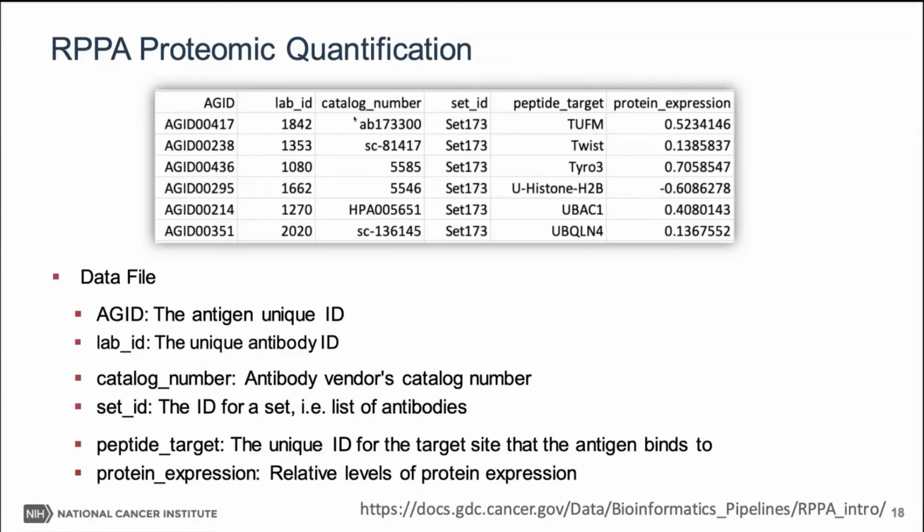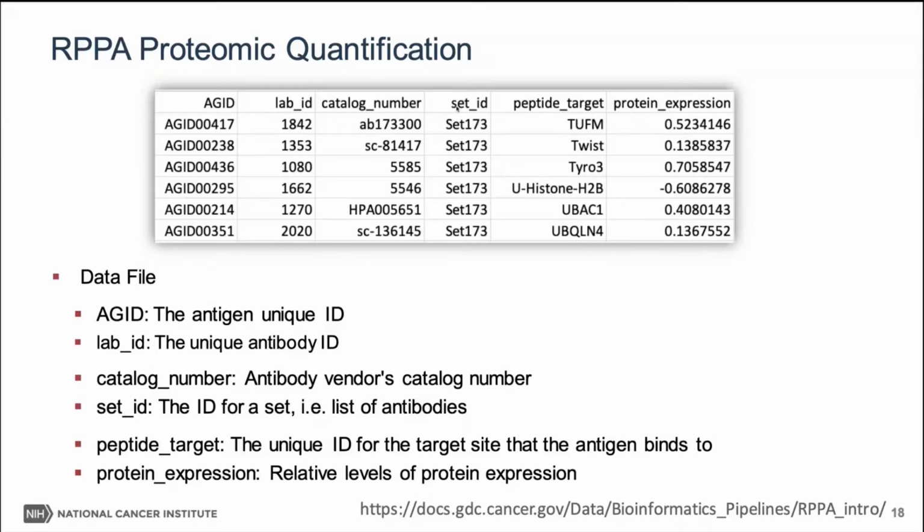This file also contains some other information about this particular antibody or the particular antigen it's trying to detect. So it has an antigen ID, a lab ID, an antibody ID. Catalog number is the catalog of the vendor, and set ID is a little bit interesting.